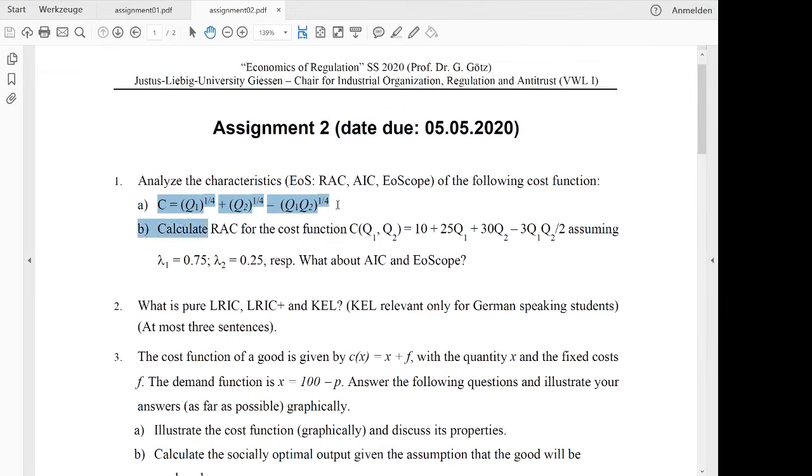And what I ask you in the tutorial class is to look up economies of scale and economies of scope for this function. So you will be able to check whether you understood this concept, and if there are problems, we will just move on discussing that in detail here. Okay, on next Tuesday in the tutorial class.